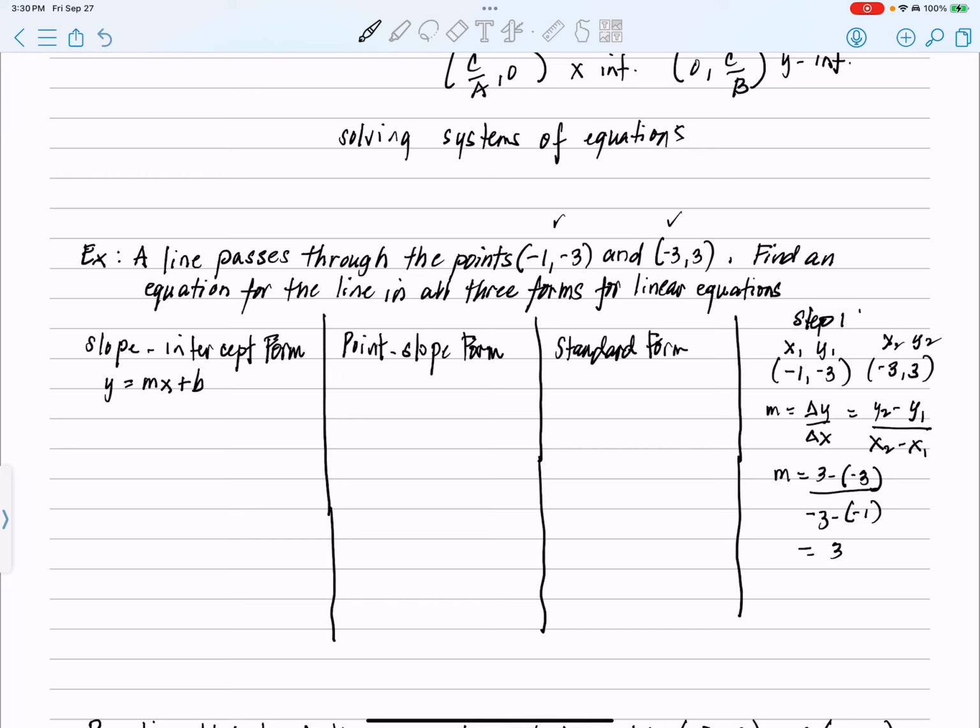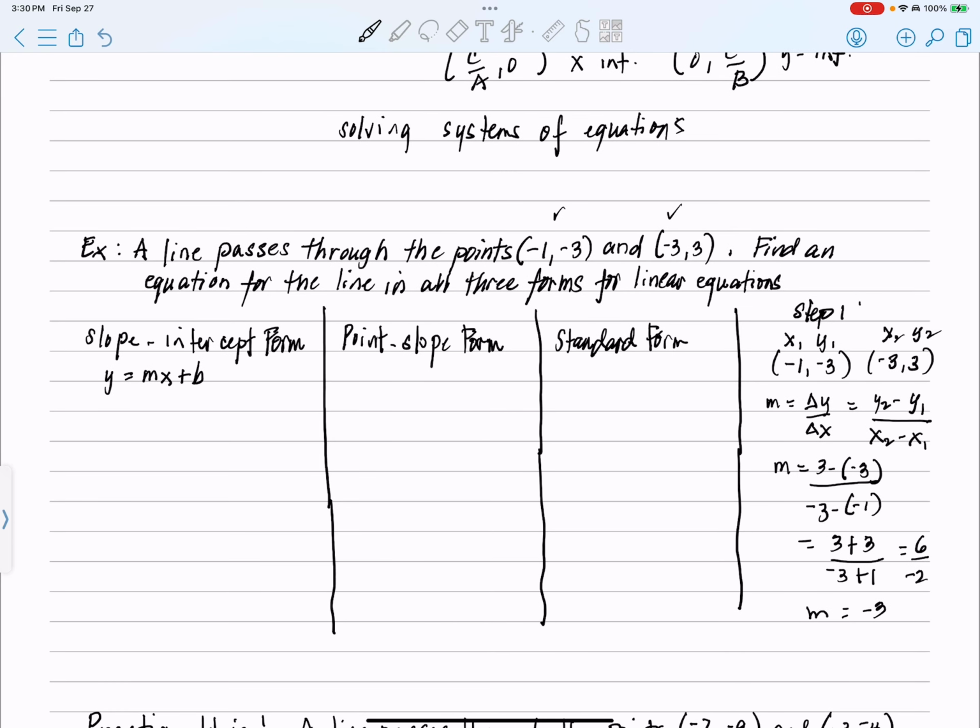Negative negative 3 would be a positive 3, so 6 over -3 plus 1, so that would become 6 over -2. The slope is -3. Okay. So we are now ready to solve the problem. I will do the point-slope form first as my step 2.